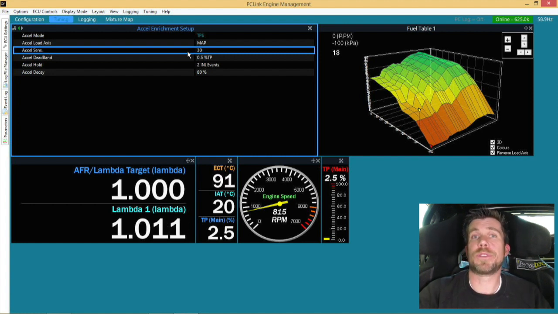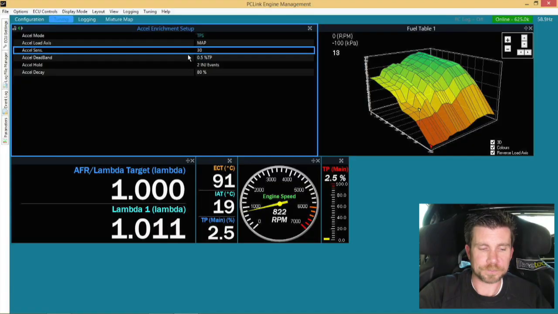If you do start with the default values in a Link or VIPEC file, and you find that your car's acceleration enrichment is poor, and you're needing to make wholesale changes to the default values, that for me would be an alarm bell. I would be looking at that thinking, something is possibly not right, and it would make me start looking a little bit further into what's going on. As I say, the default values should normally be very close to what we want.